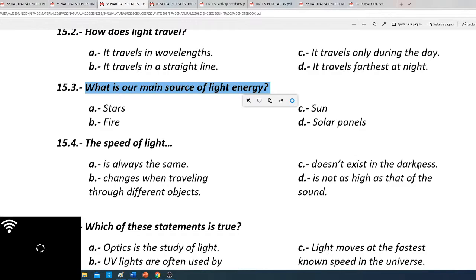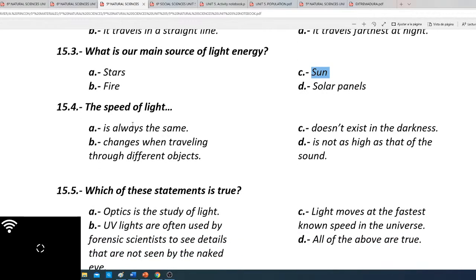Yes, Ines, very good. The sun is our main source of light energy. So stars have light energy, fires as well, and solar panels as well. But our main source of light energy is the sun. Okay, let's go to the next exercise.